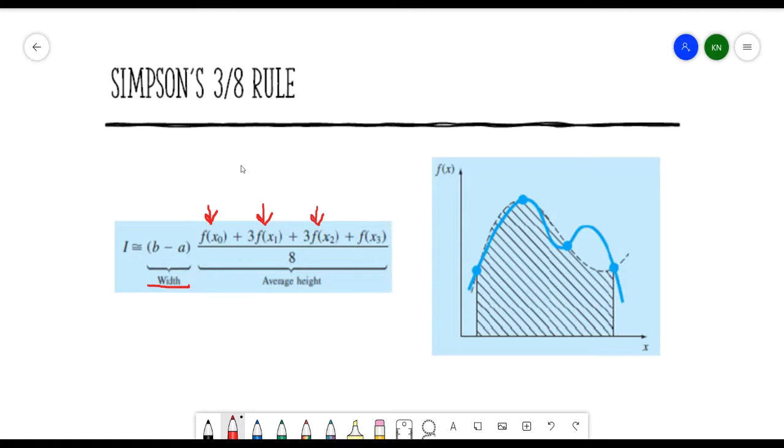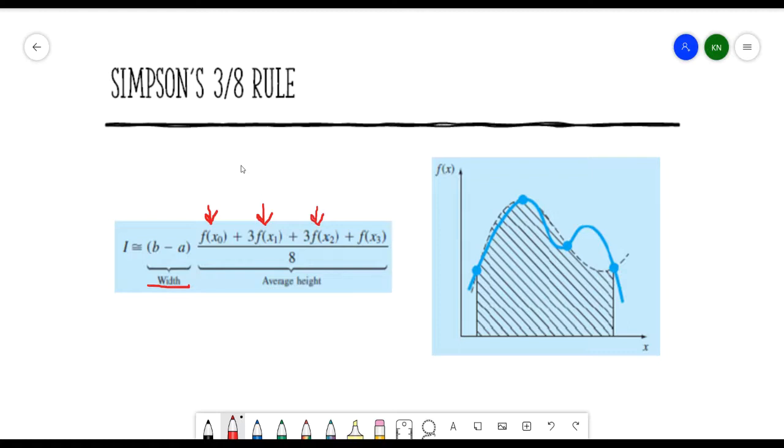Actually, the equations for the Simpson's 1/3 rule and Simpson's 3/8 rule are just an upgrade, or closely related, to the trapezoidal rule. So basically, in solving with Simpson's rule, we will also be applying the concept of the trapezoidal rule in this method.